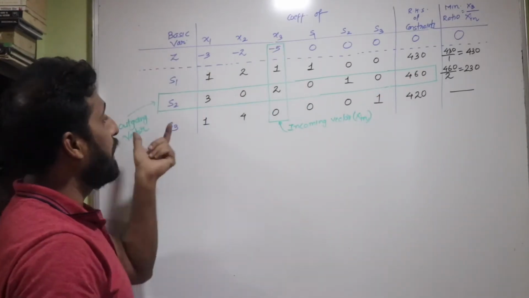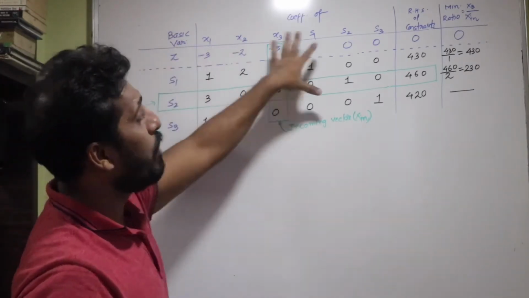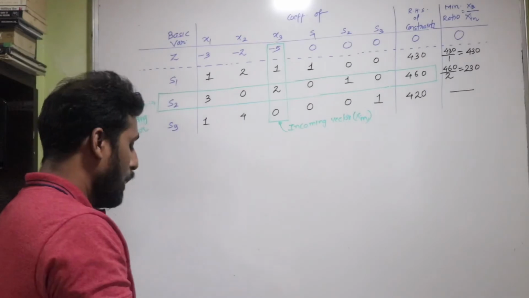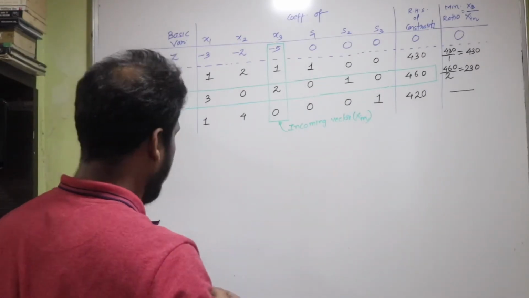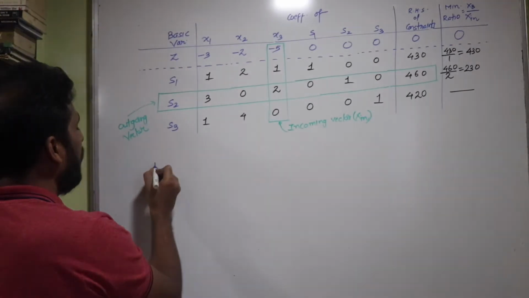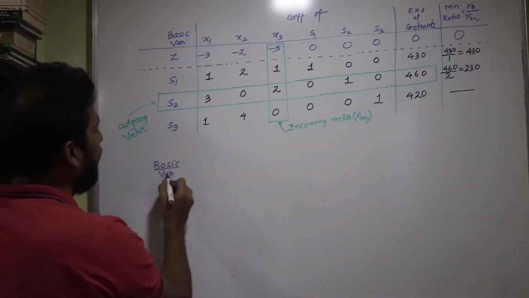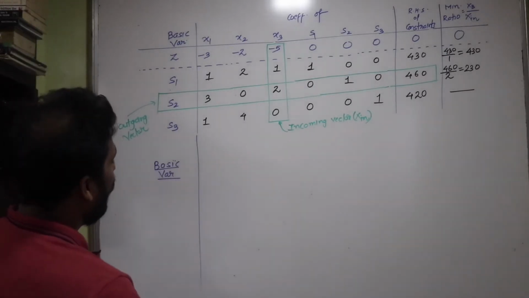So I'm going to make the simplex table one more time with the basic variable and all the coefficients as it is. The first column is going to be the basic variable.